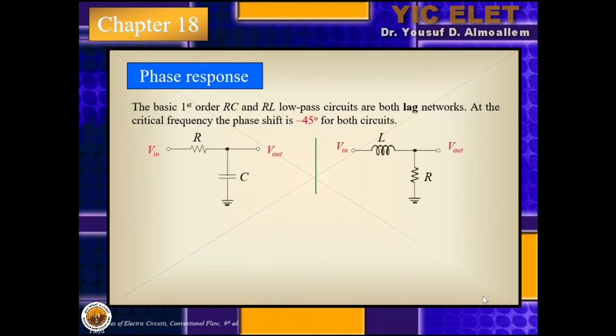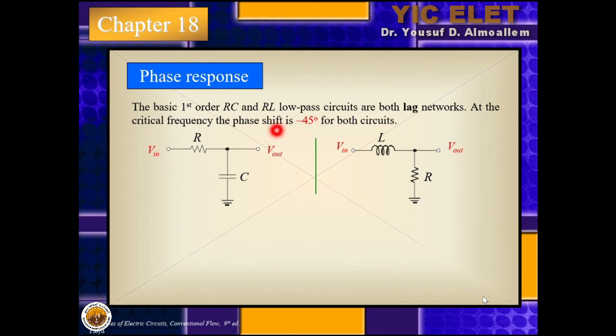Okay, now moving to the phase response. We're talking about first order RC circuits, which are very simple circuits: only one R and one C in RC circuits, and one R and one L in RL circuits. In these circuits, the output voltage lags the input voltage, so it is a lag network.